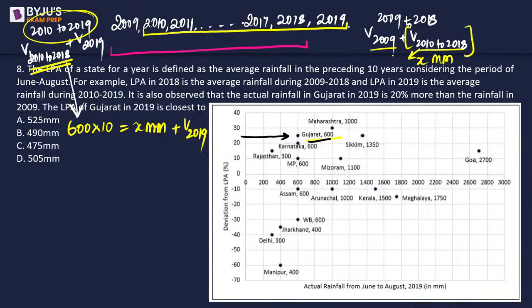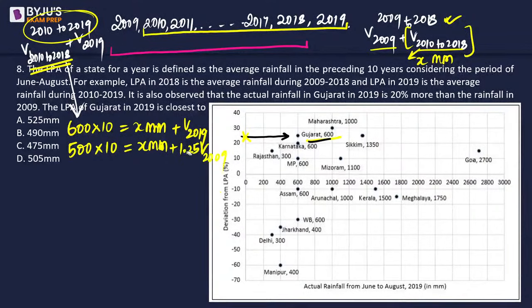And if we talk about ye wala data, so this is going to be, remember, 25% zyada hai, so this is 500 into 10, right? And this is also going to be XMM plus 1.25 times of V2009.